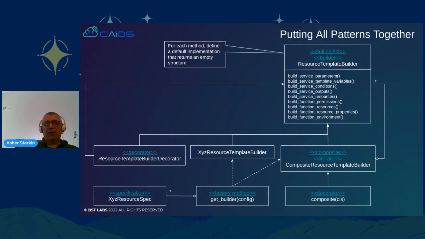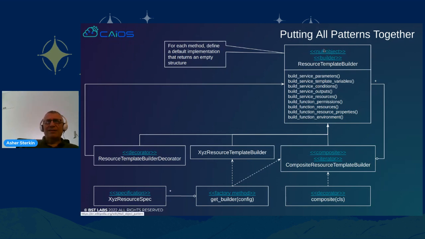So we have a bunch of design patterns applied simultaneously. Right? First of all, this is a builder design pattern, which builds out the resulting template, be it CloudFormation on Amazon or Terraform or ARM on Azure or Deployment Manager on Google.